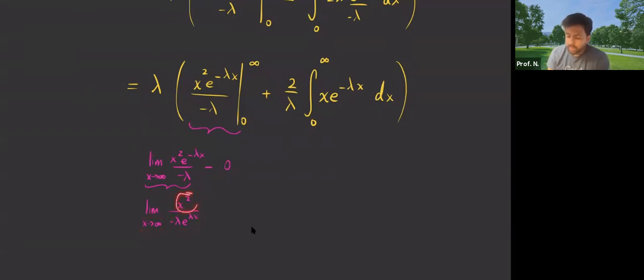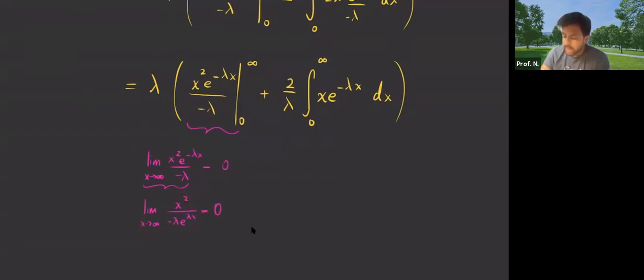So you can actually apply L'Hopital's rule twice. You can differentiate the top and the bottom twice, and you realize that this also goes to 0. So this entire thing just vanishes. This becomes 0. Okay? So then what we're left with is this lambda on the outside being multiplied here, but the lambdas will cancel out.